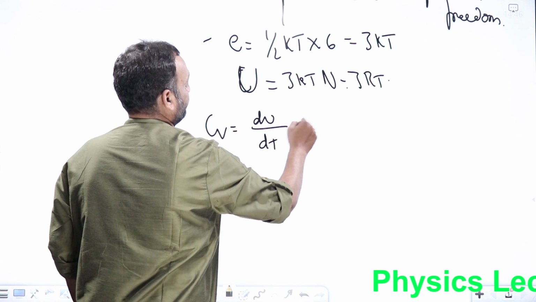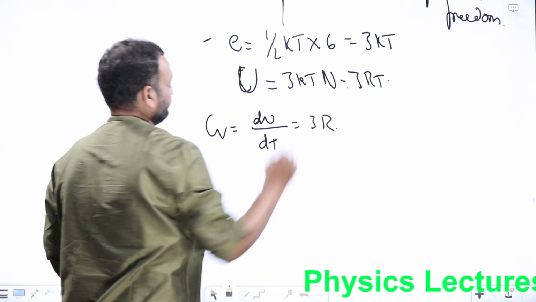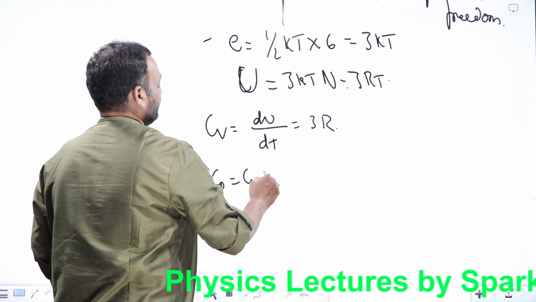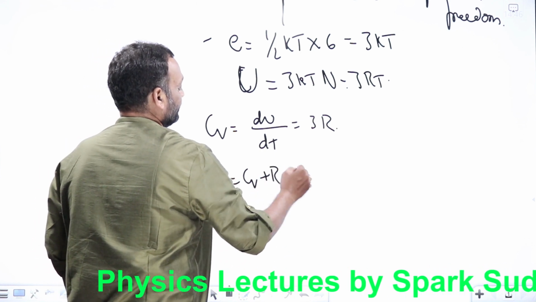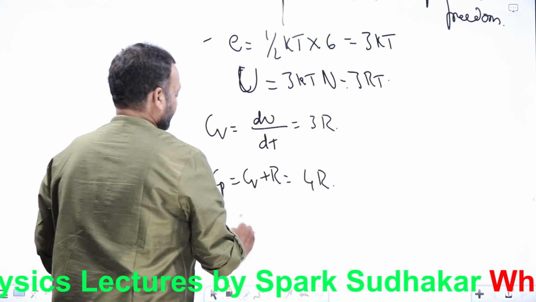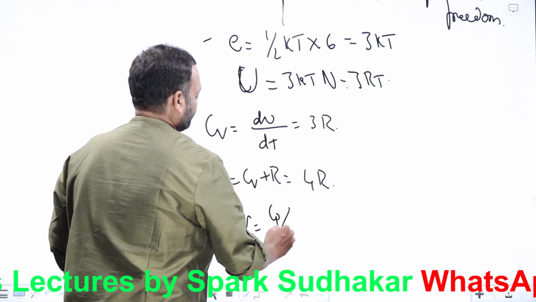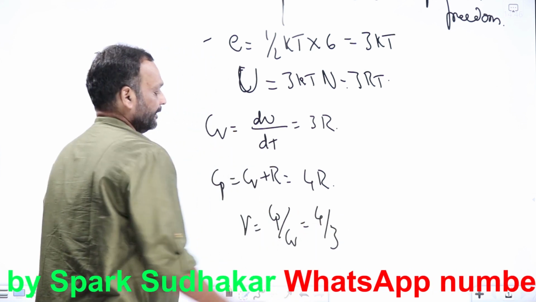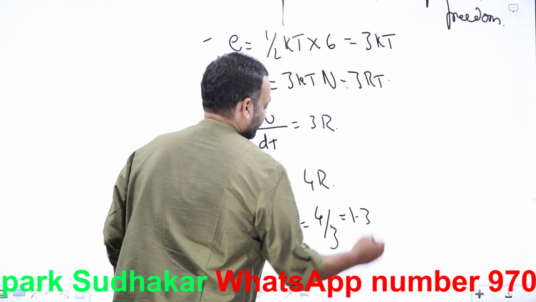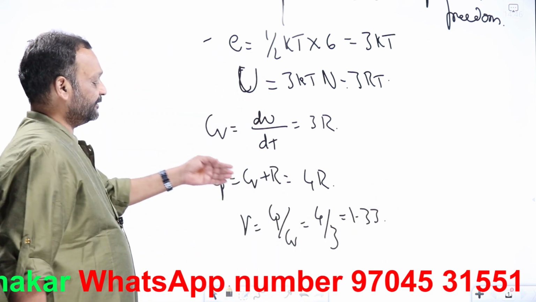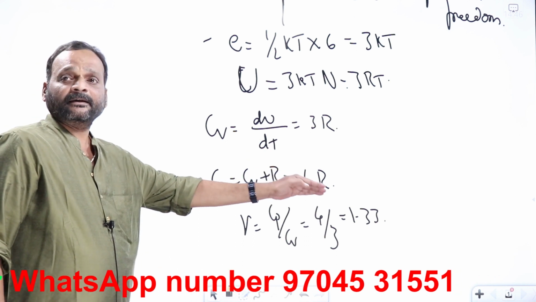Differentiate this with respect to T, you will get 3R. When CV is 3R, Cp equal to CV plus R, that is 3R plus R, nothing but 4R. So the ratio of specific heats is gamma equal to Cp by Cv equal to 4 by 3, nothing but 1.33, something like that. So this is for a non-linear triatomic molecule.